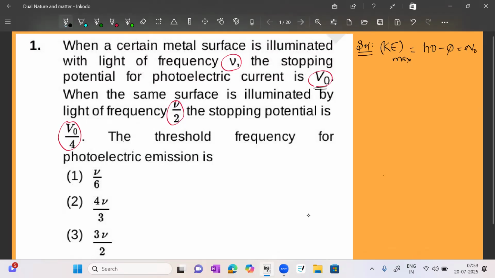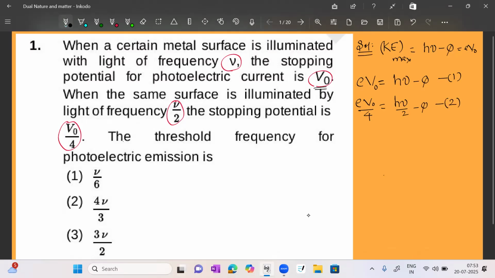First we have to write two equations. The first time, the stopping potential is V naught, so eV naught equals hν minus φ. This is the first equation. The second time, the stopping potential is V naught by 4, so eV naught by 4 equals, the frequency also becomes half, hν by 2 minus φ.